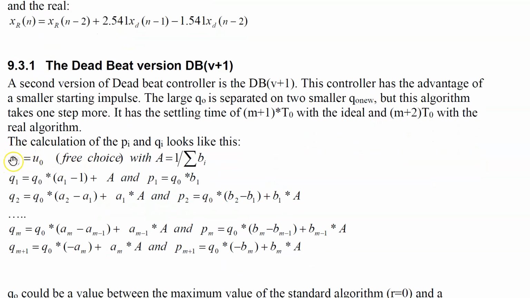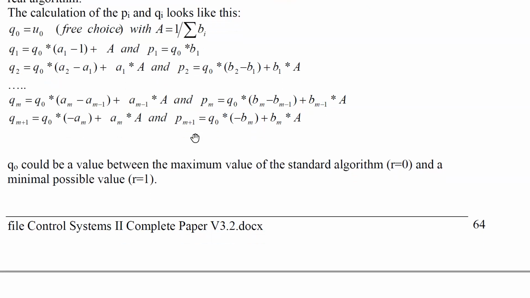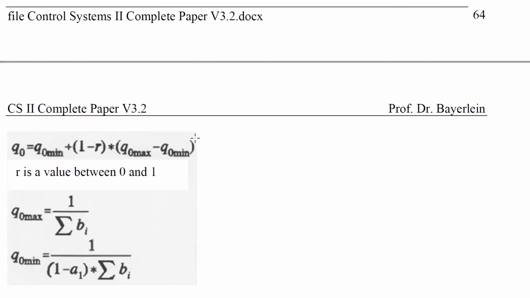Of course, this Q1 could not be larger than this, but can be smaller. And the limits of the choice of Q0 are defined here on the next page. Qmax is our original one, could not be larger, and Qmin can be calculated with this expression.